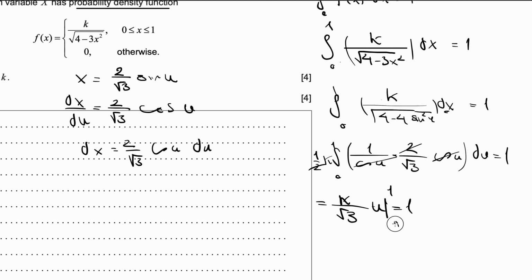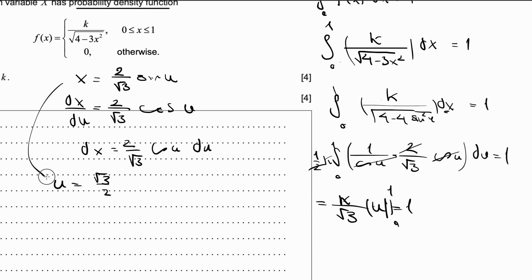Now again, you should not forget that this has a boundary, right? And so you have to substitute in the u to solve for k. So u is equal to radical 3 over 2 x.